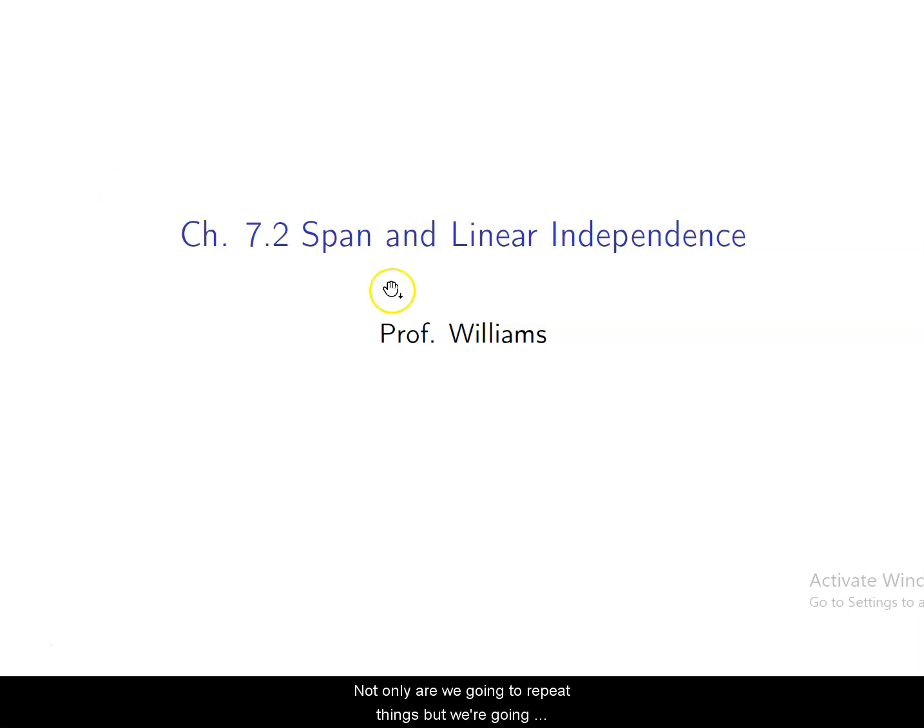Not only are we going to repeat things, but we're going to look at this again in a different light, okay? Normally we've been looking at span and linear independence under the guise of vectors. But in the last video, we expanded what we think of as a space. Our vector spaces are not only the traditional vectors.